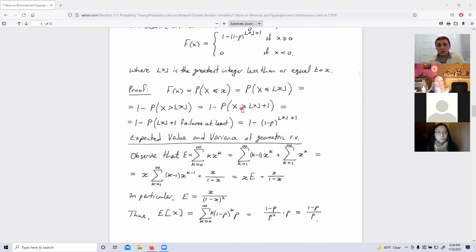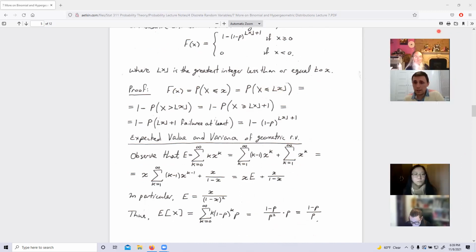Now, why is that the cumulative distribution? Very simply, the probability of X being less than or equal to X is obviously the same as the probability that X is less than or equal to the integer immediately below X. You agree? Because I cannot have, let's say, 5.5 failures. If X is 5.5, then I'm asking what's the probability of having less than 5 failures or equal to 5 failures, right?